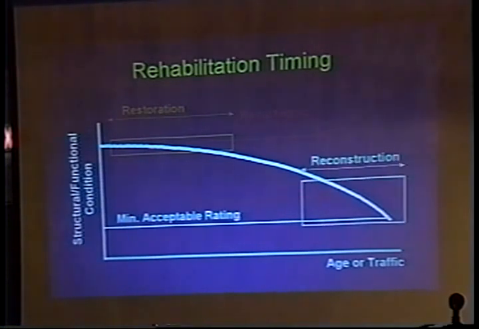Of course, like so many owners of concrete pavements around the state and around the nation, if you wait until the last few years of that life, then you're really going to be looking at something more major. You're going to be looking at a reconstruction, possibly tearing it out, rebuilding the pavement, putting in a new concrete pavement. So you either pay up here or you end up paying a lot more down here.